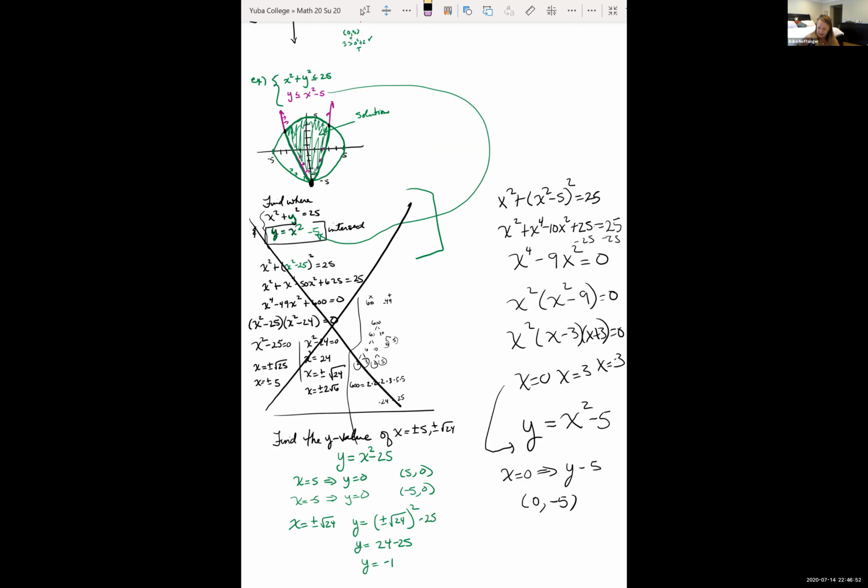And then if we plug in x equals 3, 3 squared is 9, 9 minus 5 is 4. So this point here is at (3, 4), so 1, 2, 3, and it looks about right. And if you plug in -3, you're squaring it, so you get the same value and no other term of x, so y equals 4. Yay.